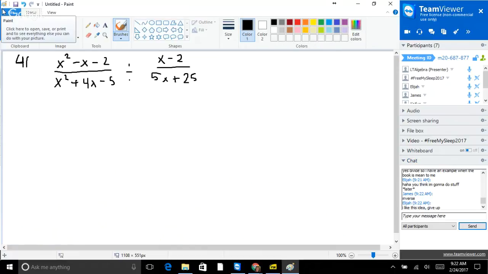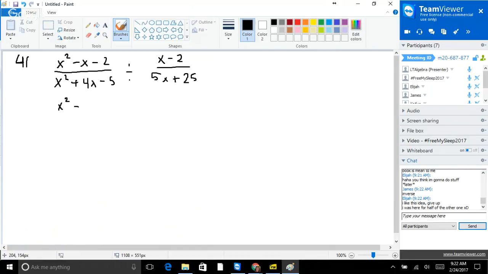No, it's just like the other one. So for your sake, I'll write it out so I'm nice here. What you're going to do is the first fraction stays the same. You just recognize these are fractions, so all those fraction rules that you learned a long time ago, they all stay the same.